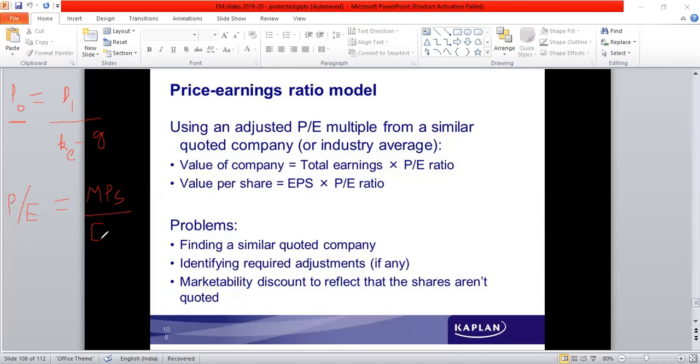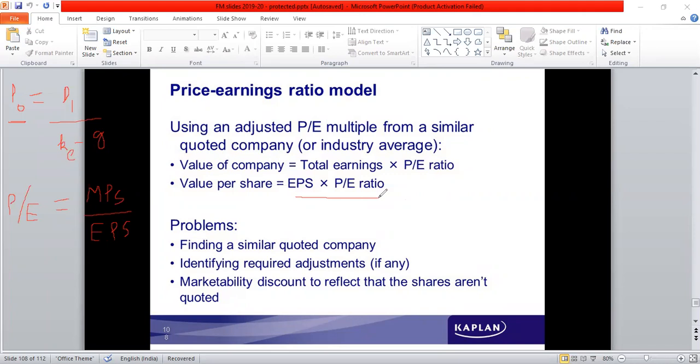So the market value of a share can be calculated as, EPS goes to the other side, EPS into the price earnings ratio. So depending on their present earnings capacity, which is calculated as earnings per share, based on that, they can also find out the market price per share.